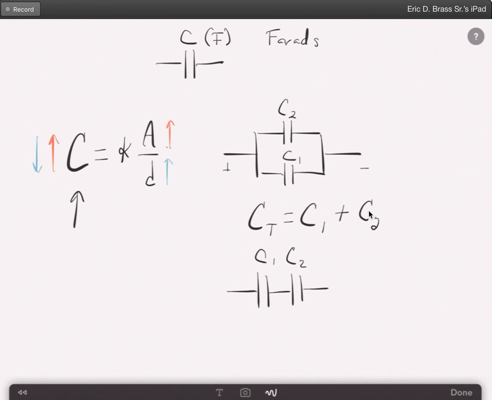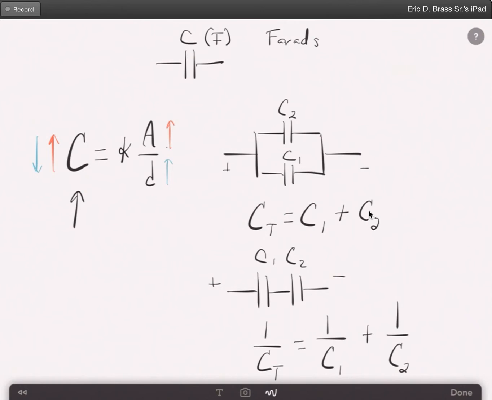Now that they're in series, we have a representation for that: 1 over CT is equal to 1 over C1 plus 1 over C2. So we have not only symbolic representations, but also mathematical representations.